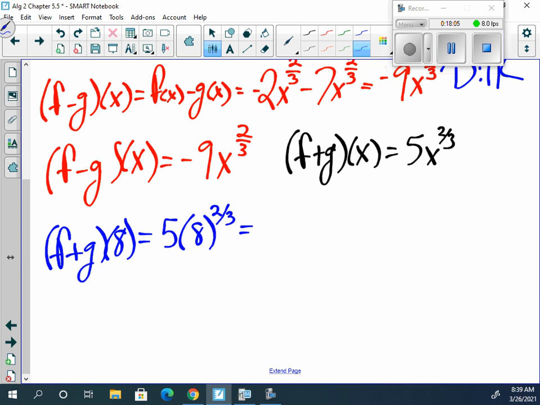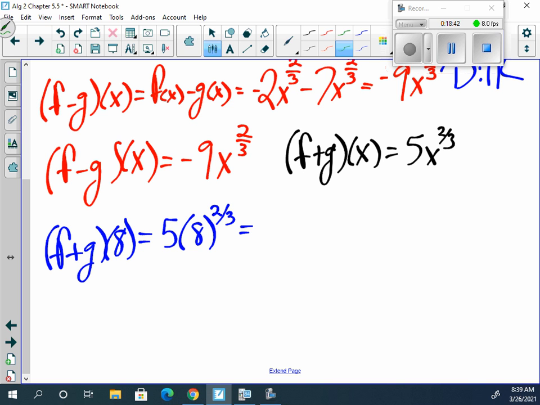If we did it with the starting one, we could look at -2 times 8 to the 2/3 plus 7 times 8 to the 2/3 in the original one. Well, 8 to the 2/3 would be 4. -2 times 4 is -8. 7 times 4 is 28. And -8 plus 28 is 20.